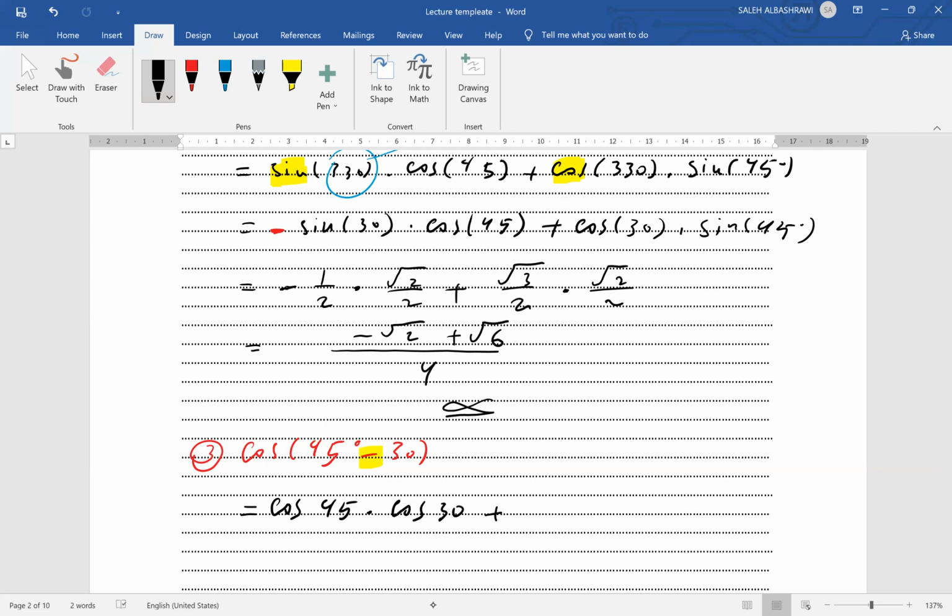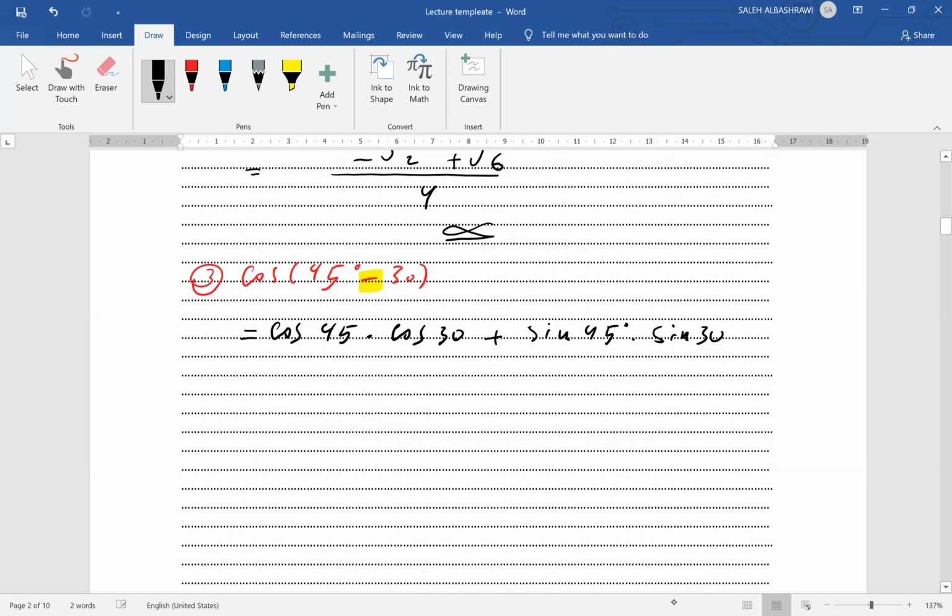So cosine 45 multiplied by cosine 30 plus sine 45 multiplied by sine 30. This will give me cosine 45, which is square root of 2 divided by 2, multiplied by cosine of 30, which is equal to square root of 3 divided by 2, plus sine 45, square root of 2 divided by 2, multiplied by sine 30, which is equal to 1/2.